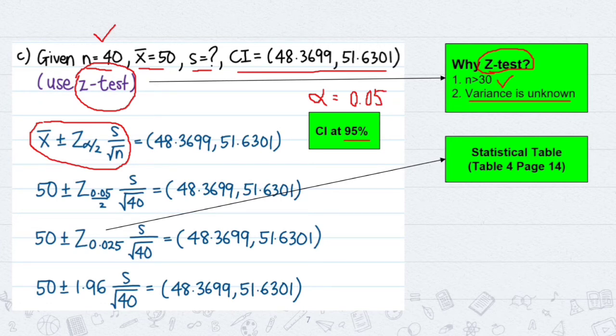Then we substitute all the information given into the formula. x bar is equal to 50, z 0.05 over 2, S divided by square root of 40, and then equal to CI. Okay, so here, how to find the S? How to find the S value?